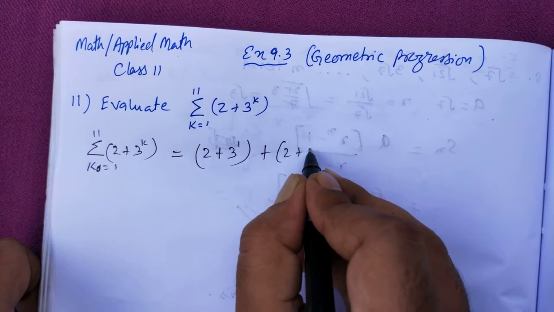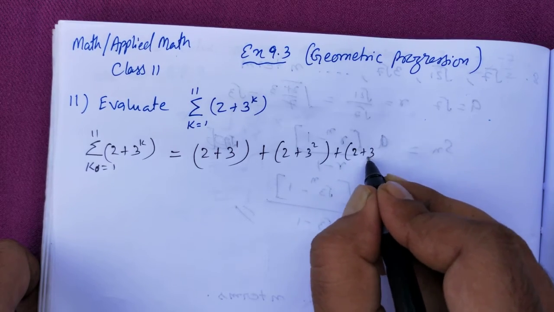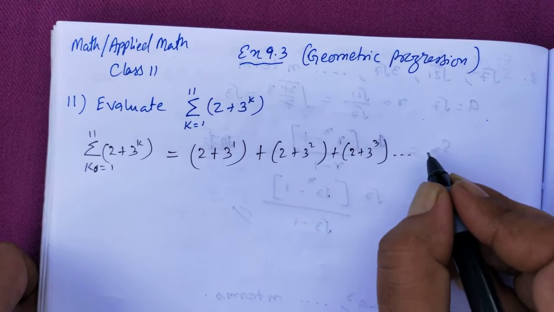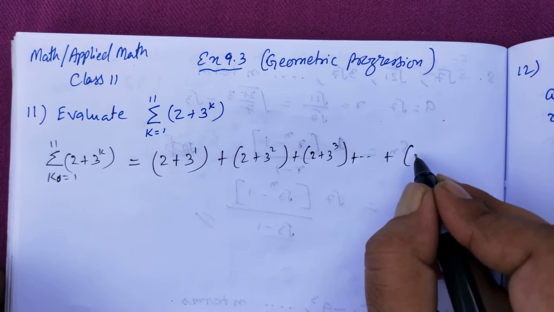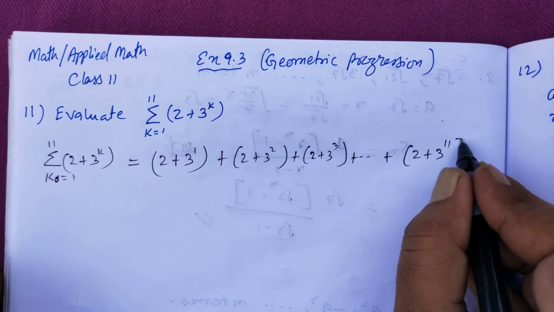Plus it will go 2 plus 3 square. It will go till 11, okay? 2 plus 3 cube and goes on, 2 plus 3 power 11.